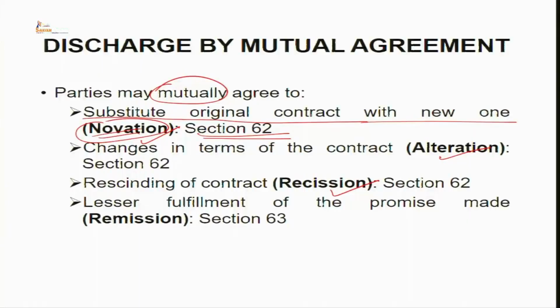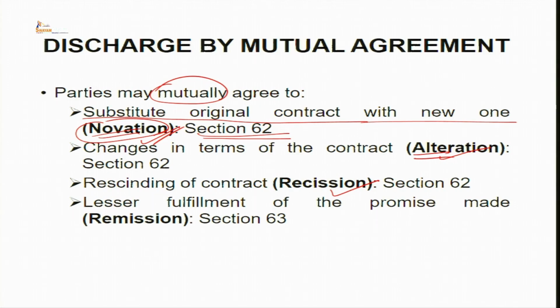Now when we say alteration, alteration does not mean that you are making very major changes, modifying the entire contract, because if that happens it will amount to novation. If you are making slight changes in certain terms of the contract, slight modification under the terms of the contract, that amounts to alteration. So, changes in terms of the contract.